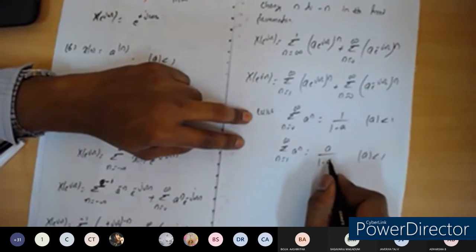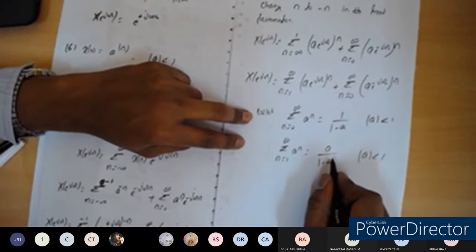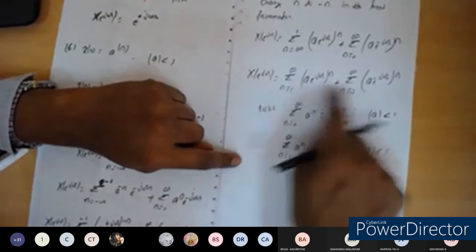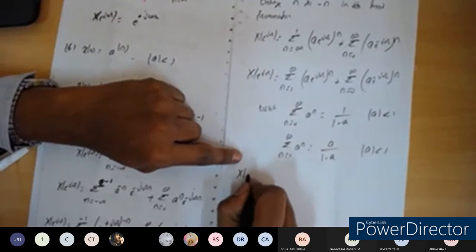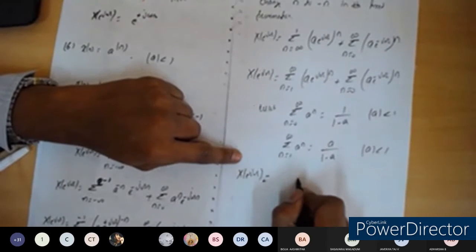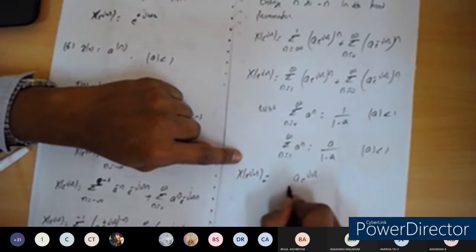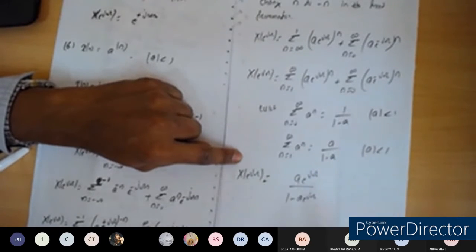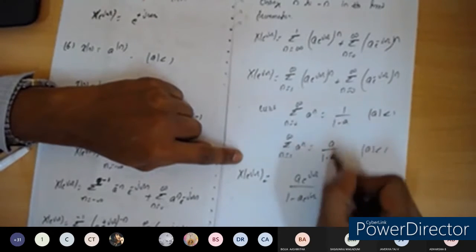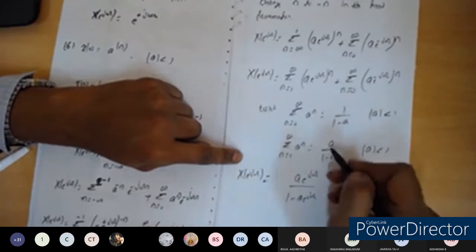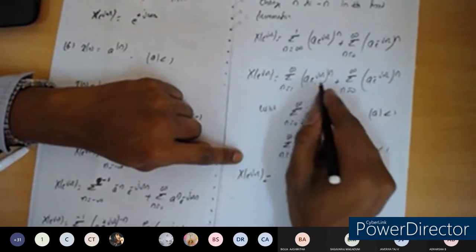Whether this formula is correct? Is it correct? Yes, sir. Okay, fine. So a divided by 1 minus a. Let us apply both the formulas here. So X of e to the power of j omega is equal to a e to the power of j omega divided by 1 minus a e to the power of j omega, as per the first formula, where in place of a we have this term.